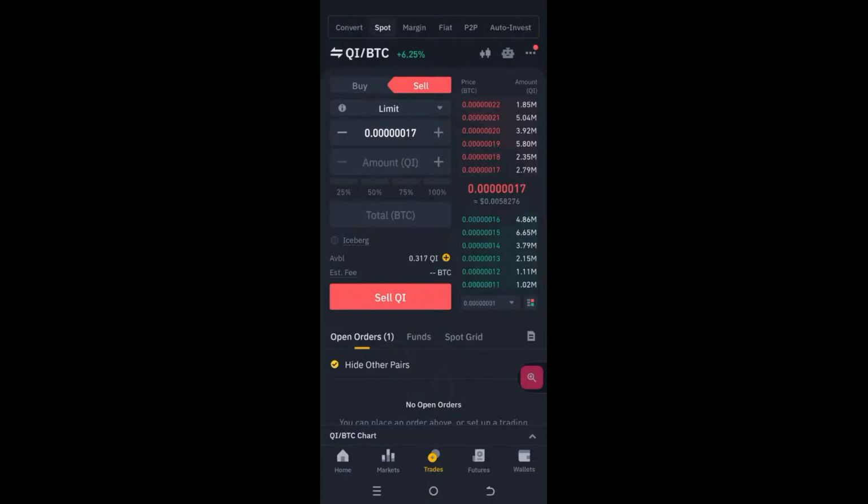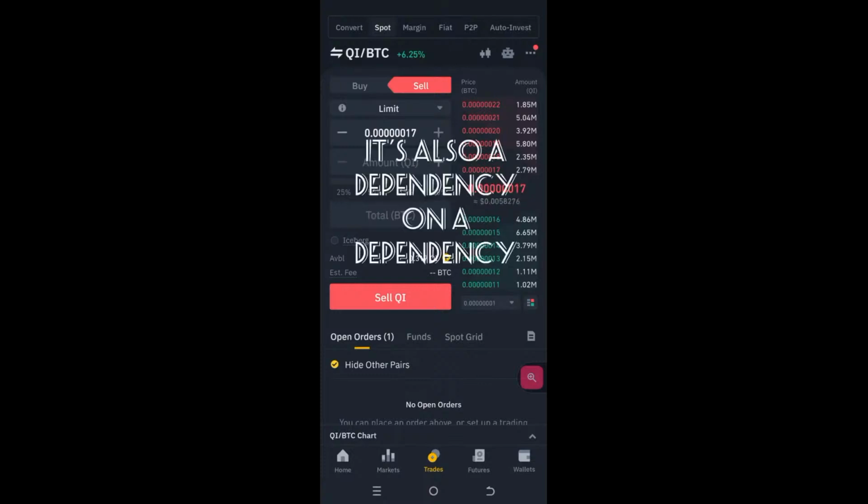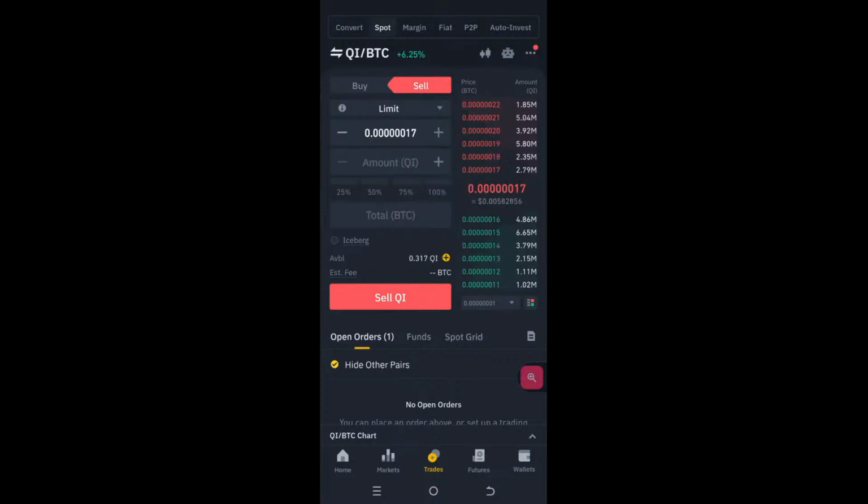Okay, so now let's go into the next one. Now, which makes money? Let's look at inter-exchange arbitrage. Now, inter-exchange arbitrage is also a dependency on a dependency. And what is inter-exchange arbitrage? It's when you buy a particular coin cheaper on a particular platform or exchange and go sell it on another exchange for profit.